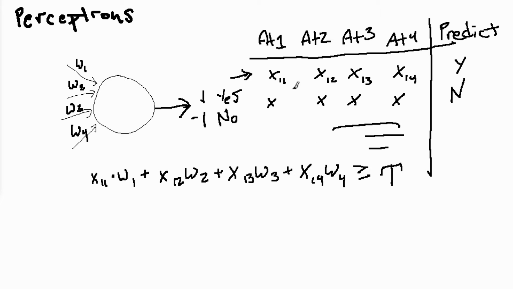We repeat this iteratively, and our goal is to make it through all of our observed data and correctly predict the column over here. Once that is done, we have these values W1, W2, W3, W4, and the threshold, and we would say that the network is trained. It has learned.